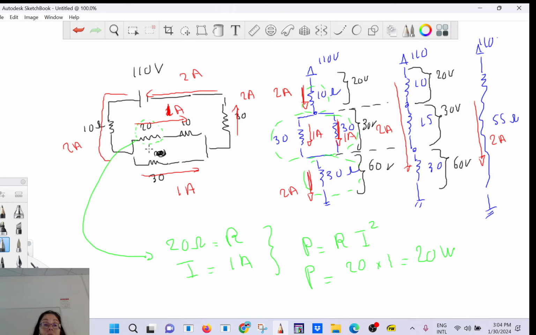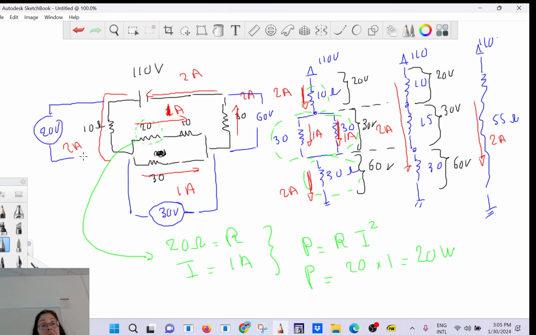Okay, so the voltage drop here is 30. So if I want to put my voltmeter, you see, it's going to be 30 volts here. And across this one, it's 60, and across this one is 20. So we have 60 and 30 and 20.